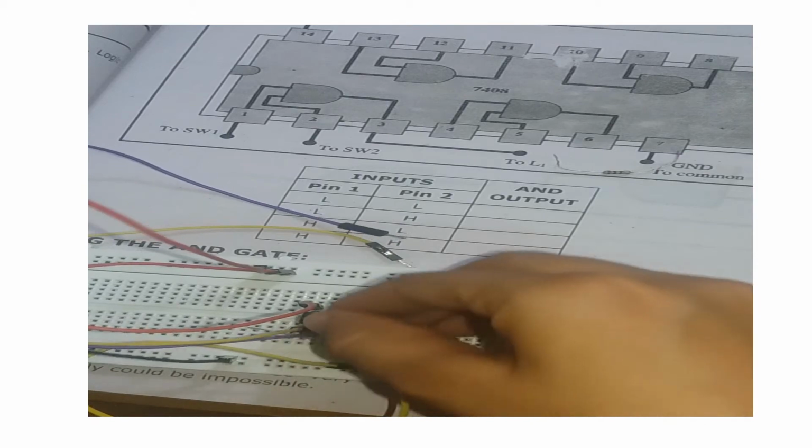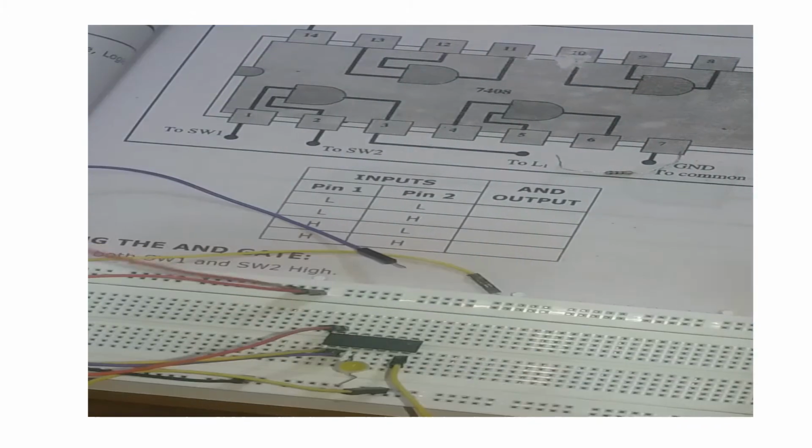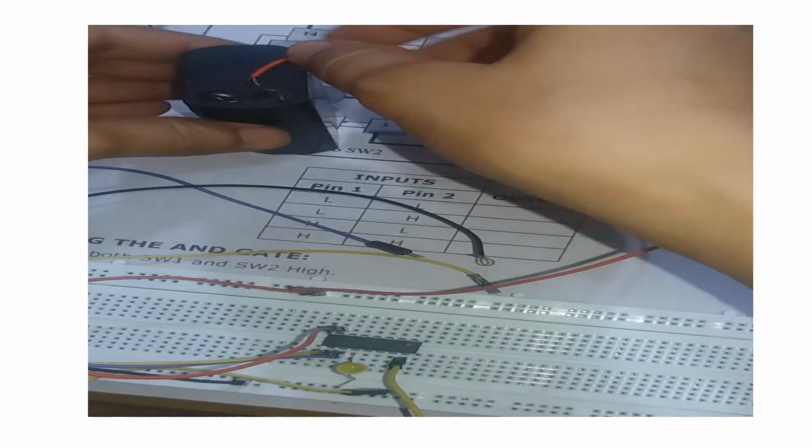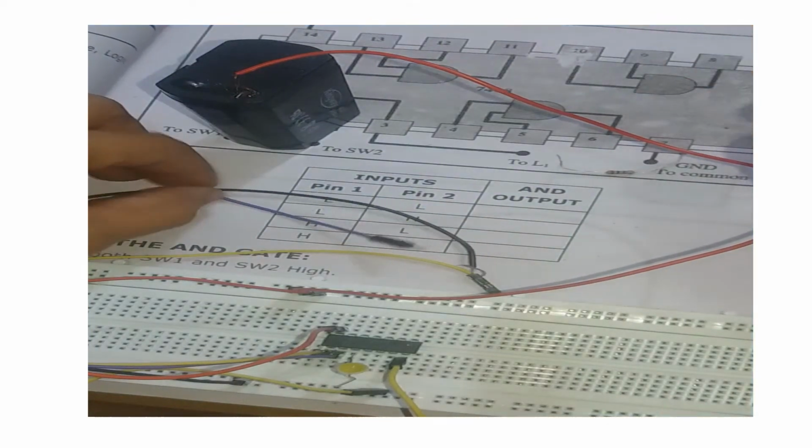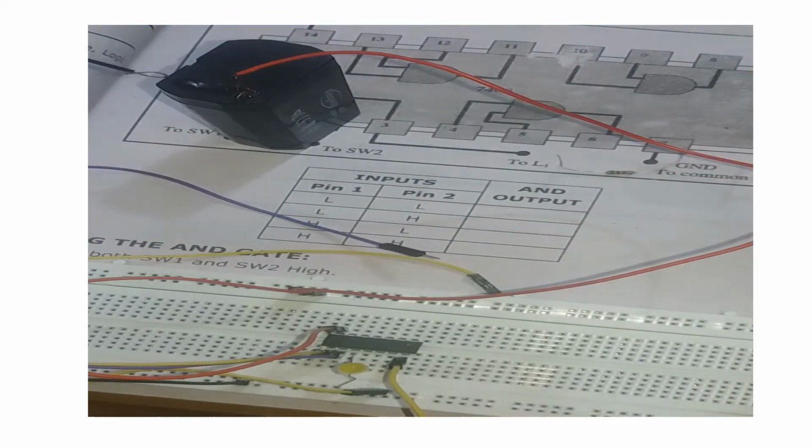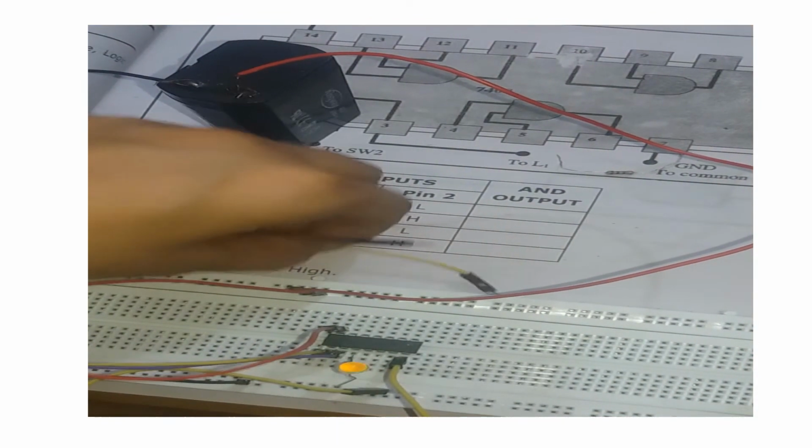And we connect it with the battery and see the output for the AND gate. When the IC is directly connected with the VCC, the LED should be on.